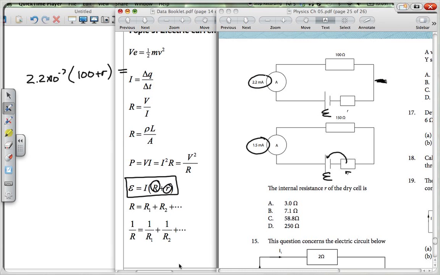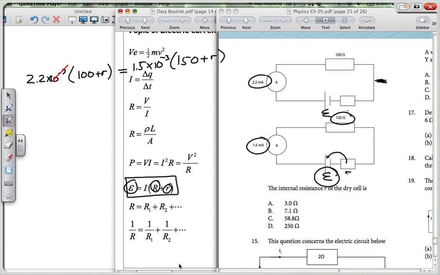for the other circuit, it's also got the same EMF, so I can equate them, and that is going to be 1.5 times 10 to the negative 3, and here we have an external resistance of 150 plus that same R. So we're going to equate them. Now here I've got this 10 to the minus 3 in both.